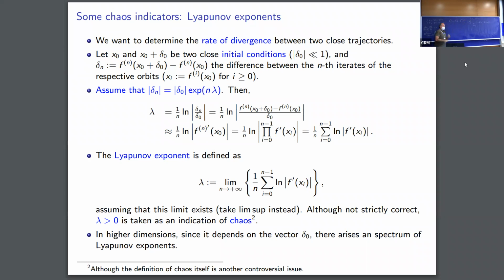You compare both iterates, okay? F^n means f composed with f n times. Let me call this delta n. Okay, if I assume that this behavior is expanding, why not? So this is an assumption.